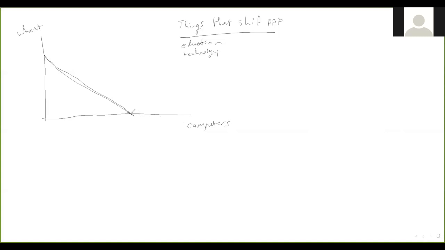As we get more knowledgeable, maybe the amount of computers we can produce increases, and maybe our PPF shifts like this. If we increase in computers, but also increase in wheat simultaneously, we'll shift our whole PPF out parallel like this.